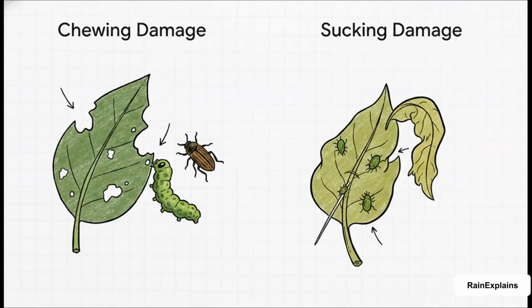I mean, they take actual physical bites out of your plant, leaving behind holes and large frass. Sucking insects, though, they are way more stealthy. Pests like aphids, whiteflies, thrips, and mites have these needle-like mouthparts called stylets. They pierce the plant tissue and just drink the sap, which leads to those subtle but devastating symptoms like leaf distortion, stippling, and just a general loss of vitality.